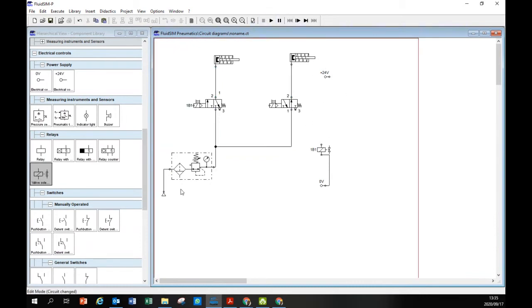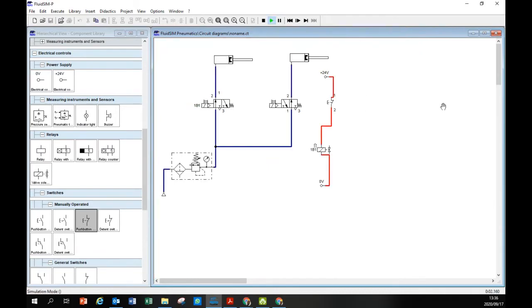Let me put a normally closed switch, because people might say, oh, but what about this? Let's also test with a normally closed switch. Normally closed switch. What happens to our valve? Our valve gets activated. I press there.